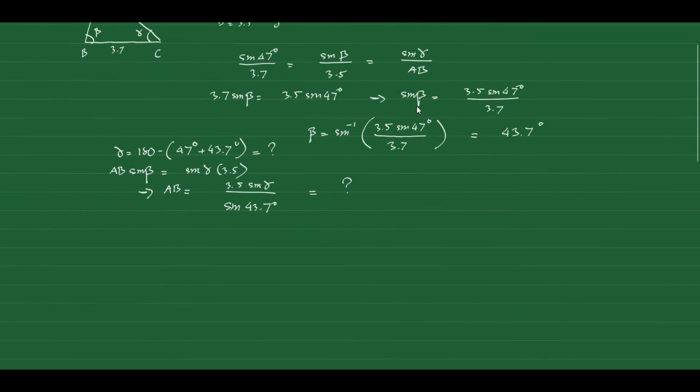Now, in the third example, this is the example when you see the special things happening. Again, I have a triangle like this.